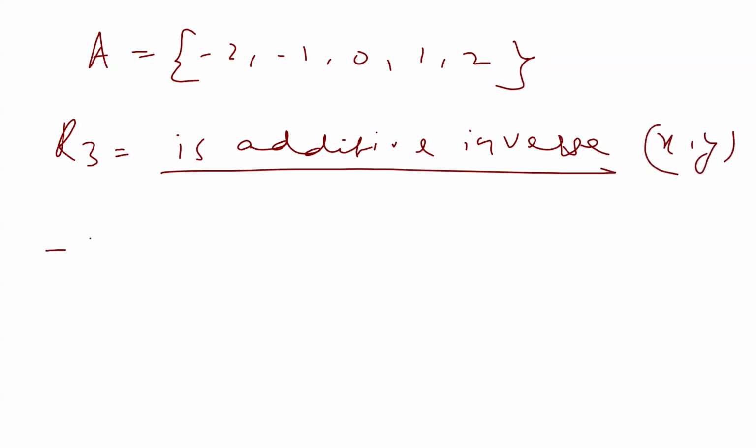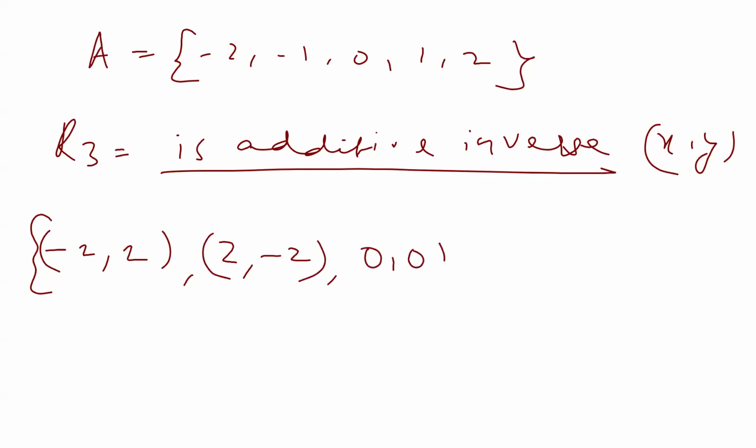So (-2, 2), the total is 0. (2, -2), the total is 0. (0, 0), the total is 0. (1, -1), total is 0. (-1, 1), the total is 0. X plus y should give you 0. That is the meaning of additive inverse.